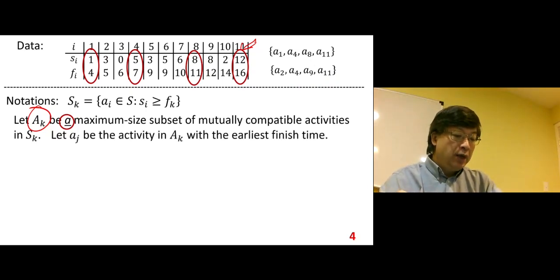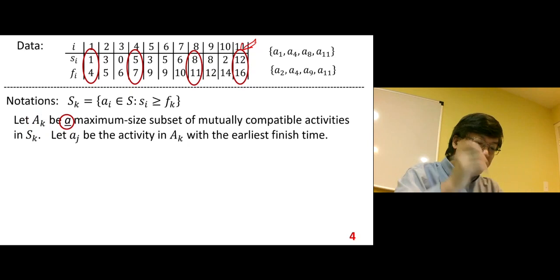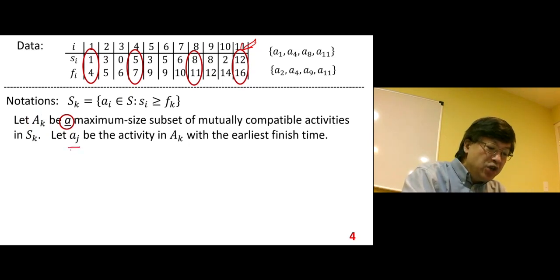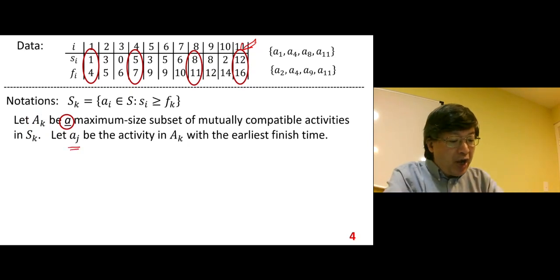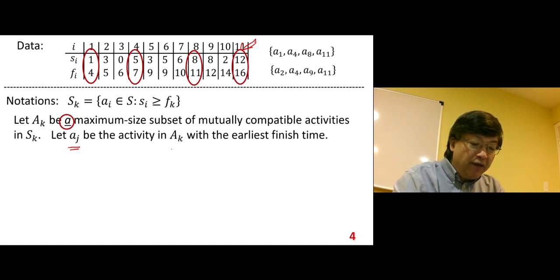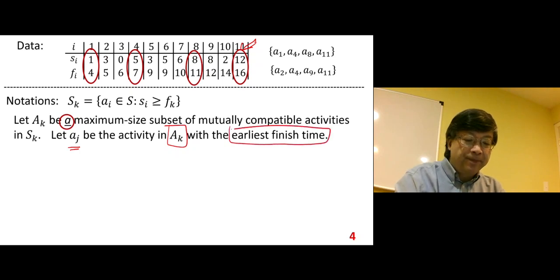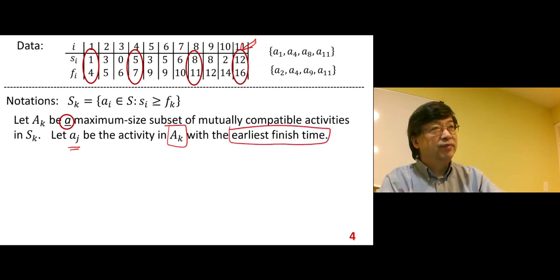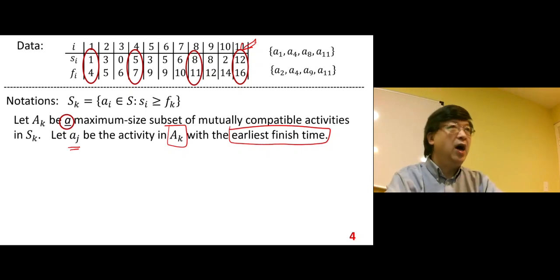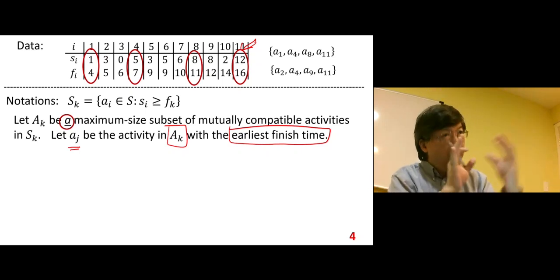Now let's prove. We assume this AJ, little AJ, be the activity in capital AK with the earliest finish time. So it exists. We take this activity out for some comparison.